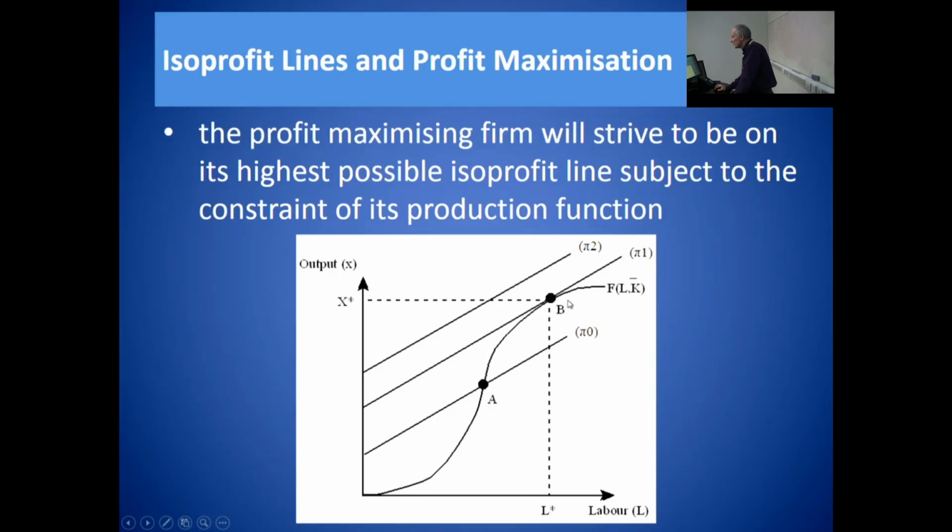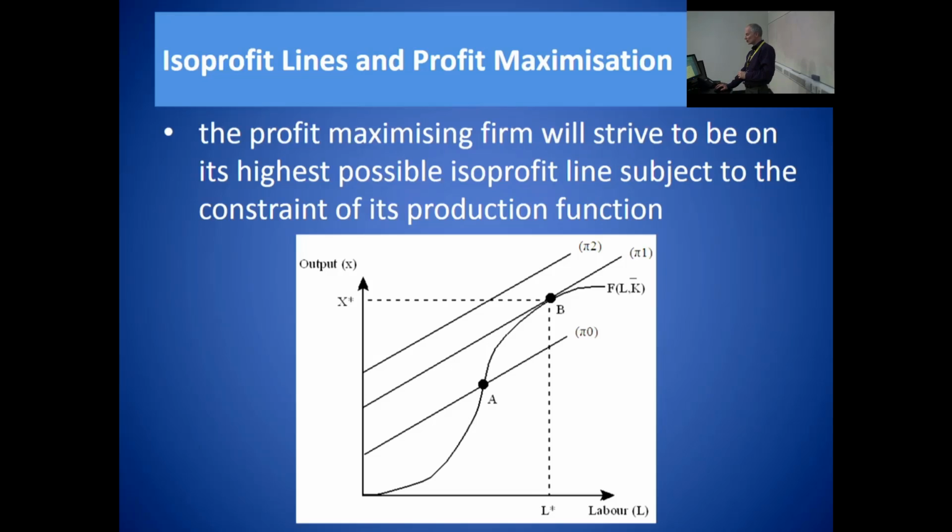This means point B must be somewhere where there are diminishing marginal returns to labour. That is, the marginal physical product of labour must be declining. That's what it means on that part there, where the slope is shallow enough.